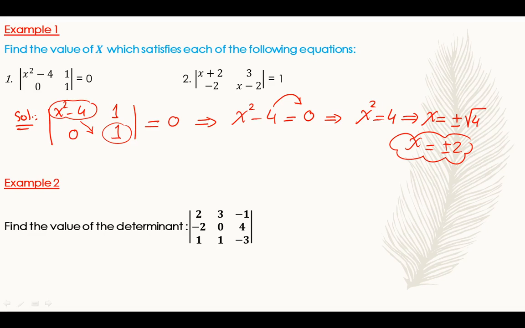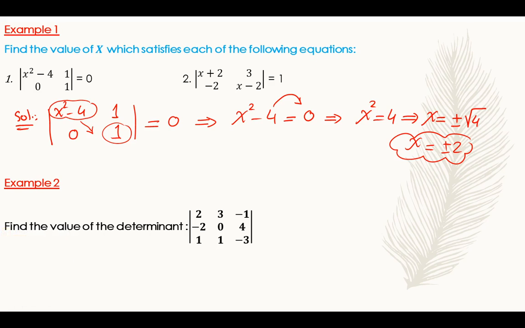Now here we want to find the value of the 3 times 3 determinant. This is the second type of determinant, the determinant of type 3 times 3. How can we find the value of the determinant 3 times 3?